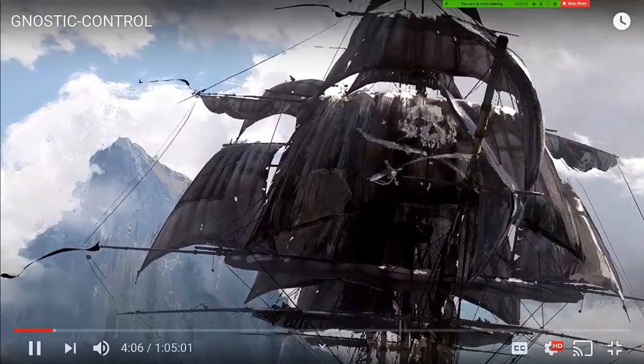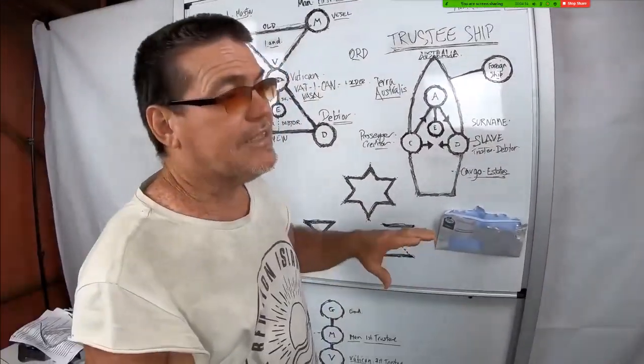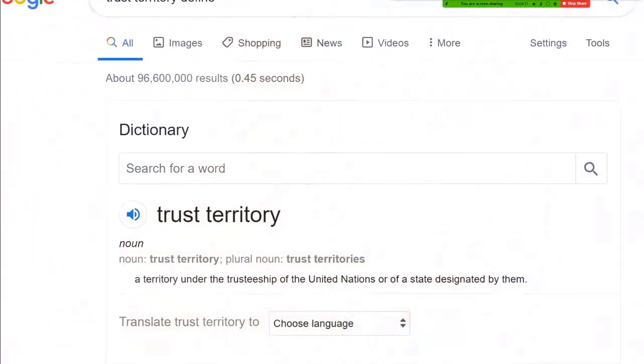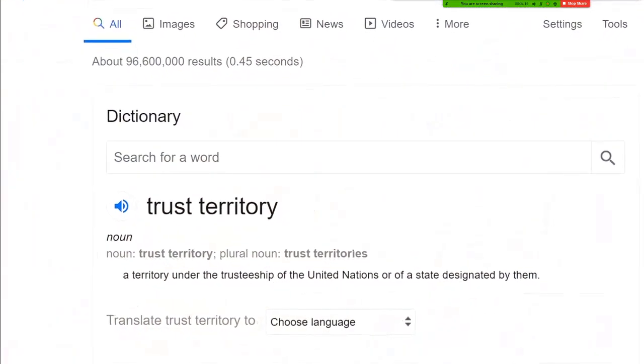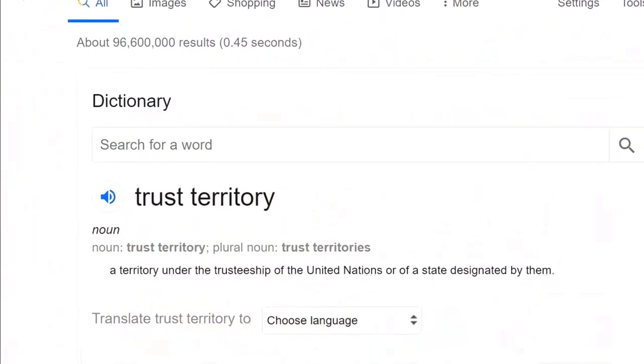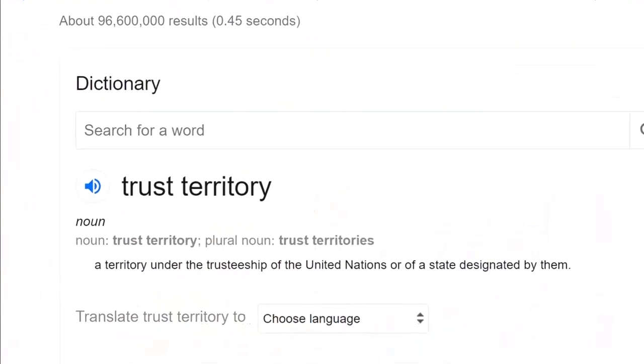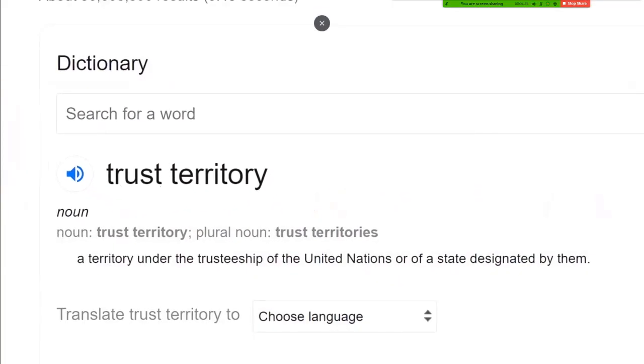And if you look at the normal dictionary, as we can see here, a trust territory is a designated area, not particularly of land, of anything. It's a designated jurisdiction to which the boundaries of that jurisdiction extend.